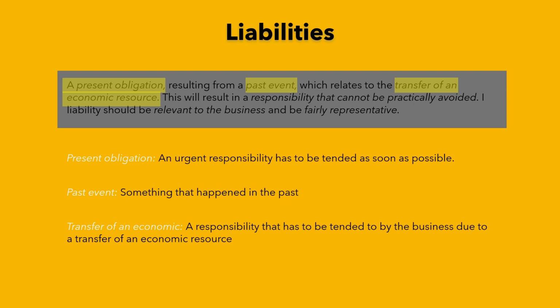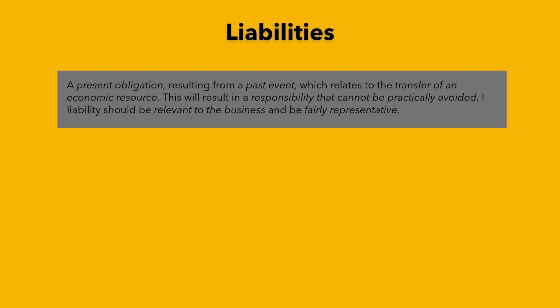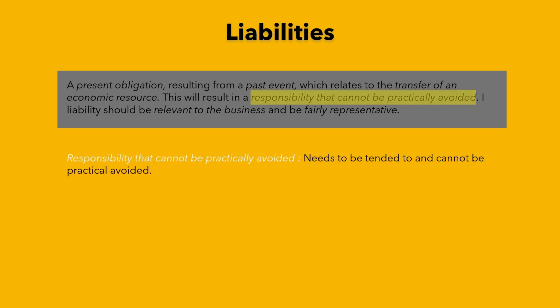A responsibility that has to be attended to by the business due to a transfer of economic resources. A responsibility that cannot be practically avoided, and this is a responsibility that has been created and needs to be attended to as it cannot be avoided in a particular manner. Then we have relevant to the business.